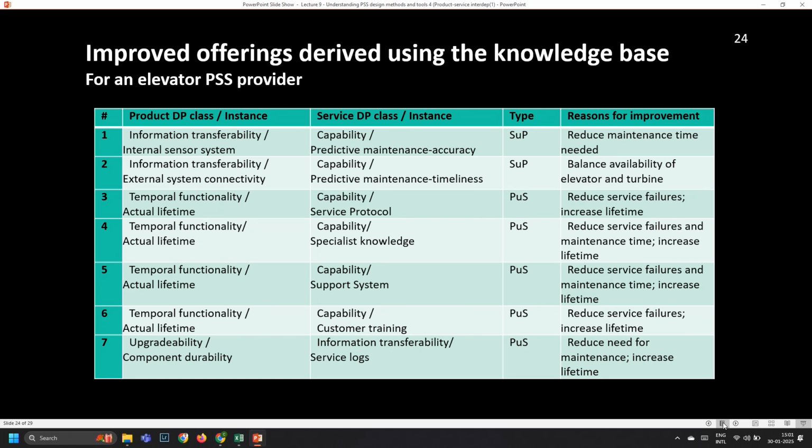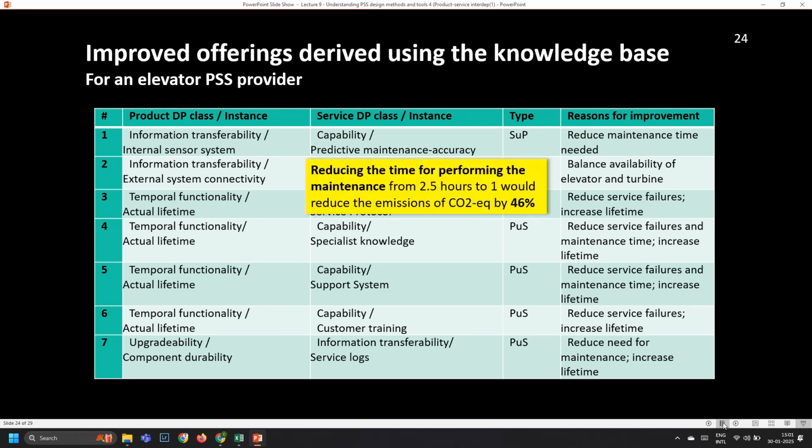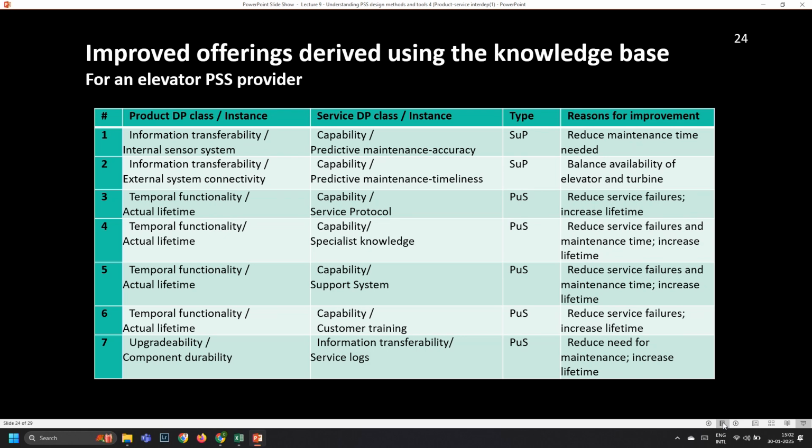designers came up with improvement ideas. And one of them was reducing the time for performing the maintenance through improving the service protocol, and also using the predictive maintenance.